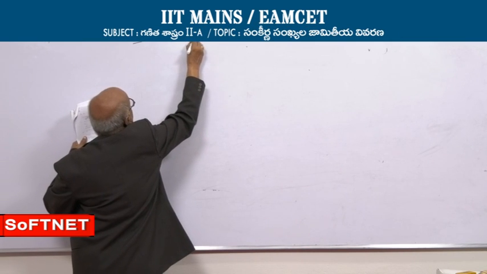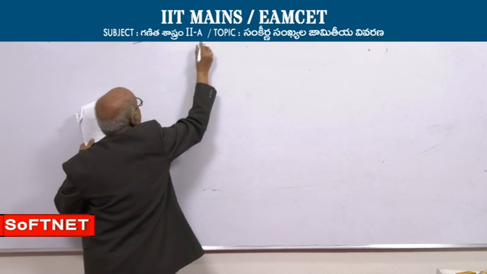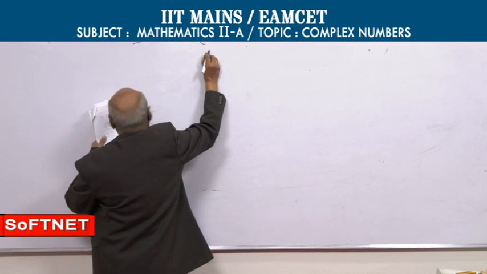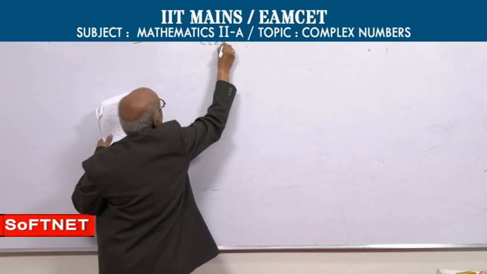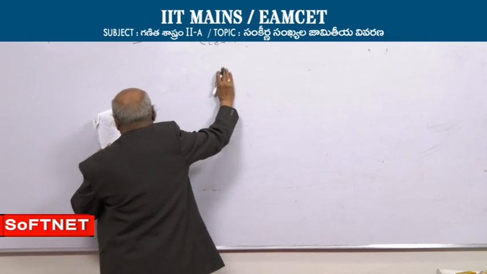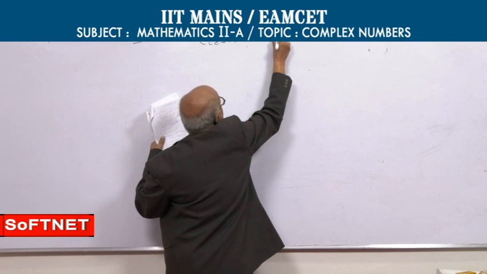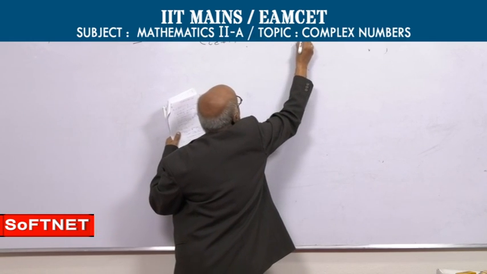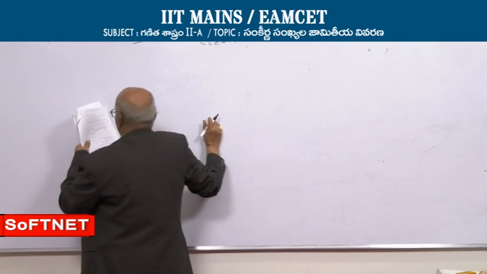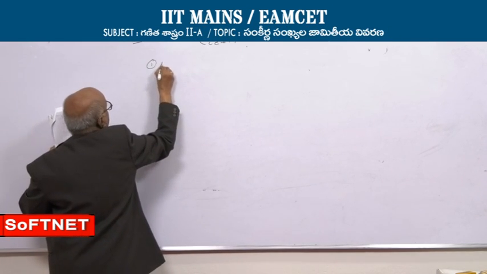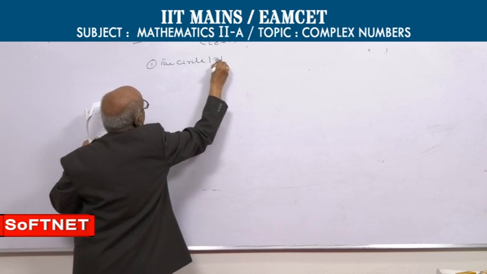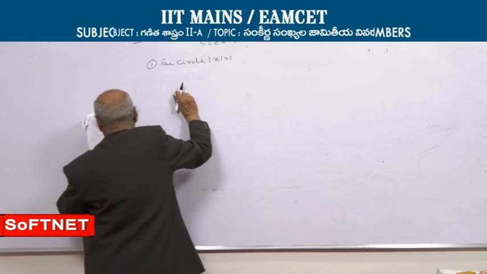Imaginary part of 2z plus 1 by iz plus 1 is equal to minus 2. Then z lies on: 1. The circle mod z is equal to 1, 2.